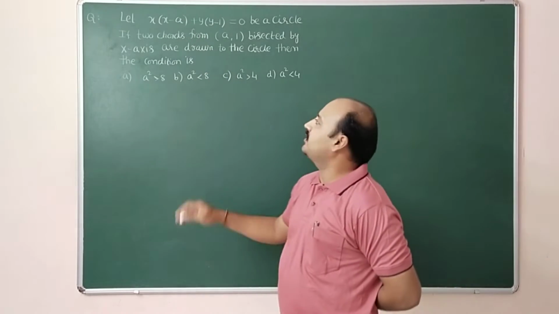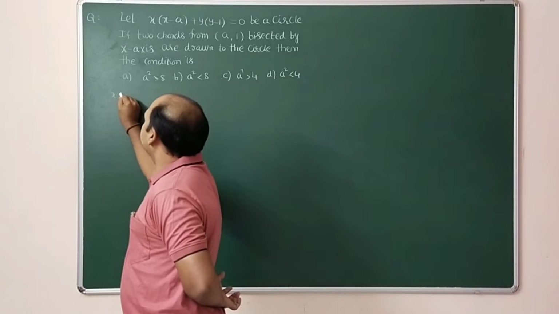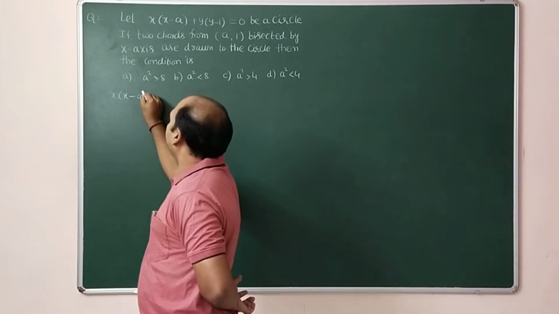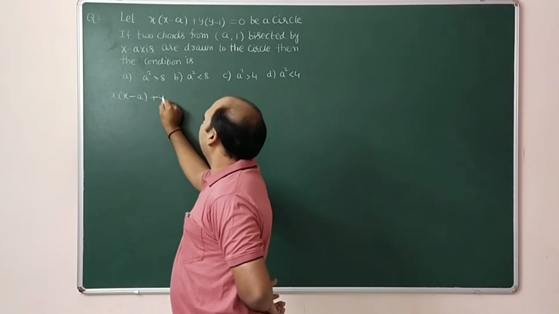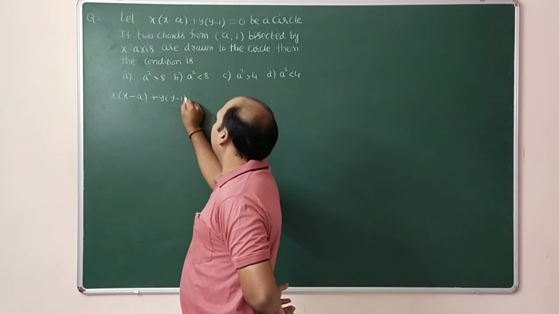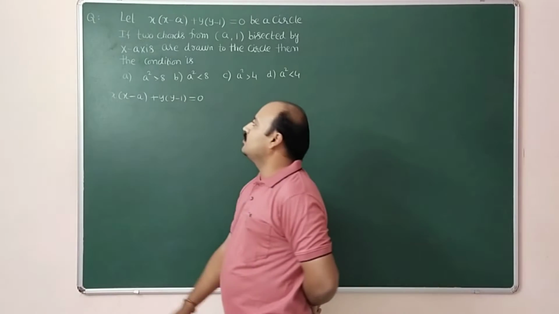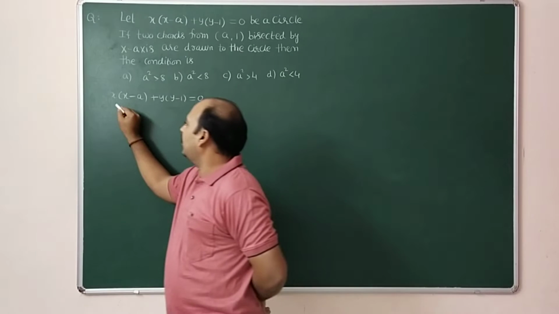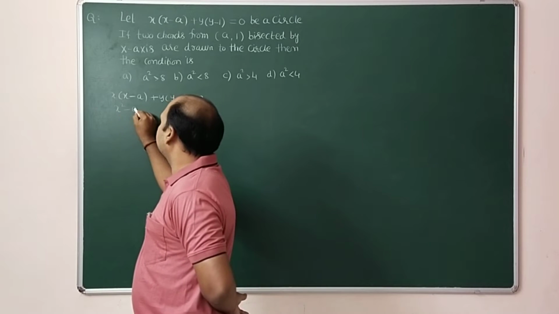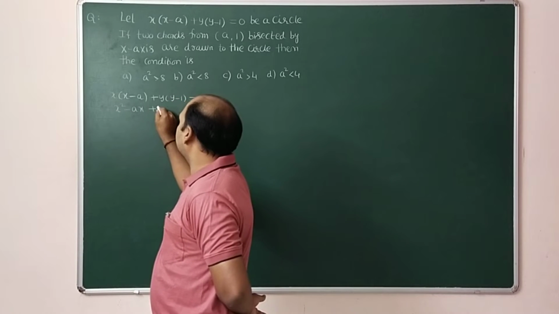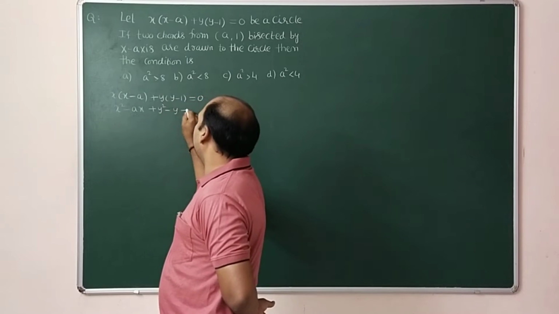First, the given circle: write x(x minus a) plus y(y minus 1) equal to 0. If you simplify this, you will get x square minus ax plus y square minus y equal to 0.